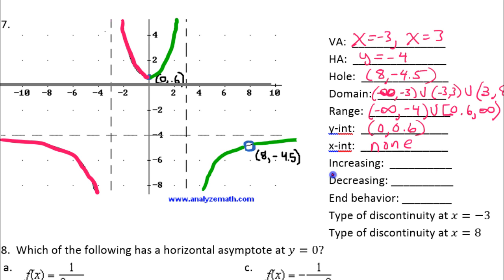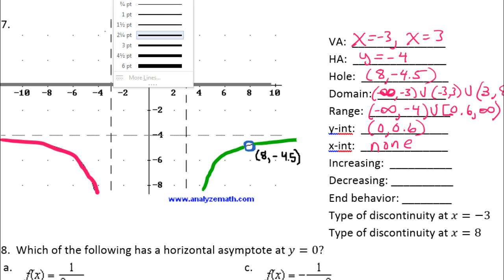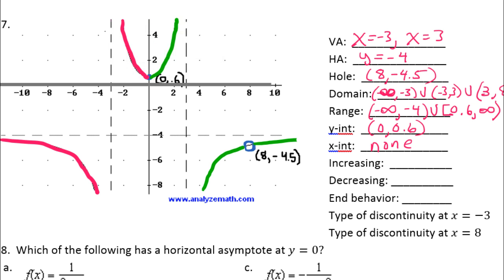Okay, so my increasing intervals are the green parts, and there are 3 of them. One here and one here. Now, even though we ran out of graph space here, you can know that this will go all the way over to the asymptote. Okay, so these are all x values, okay? So on the x-axis, this green goes from 0 to the asymptote at 3.